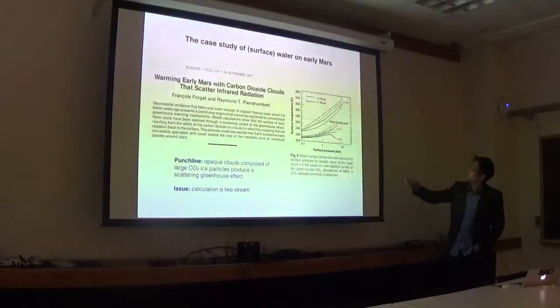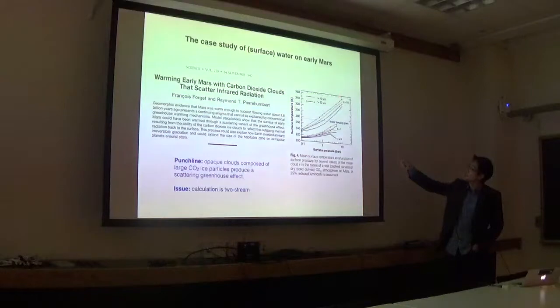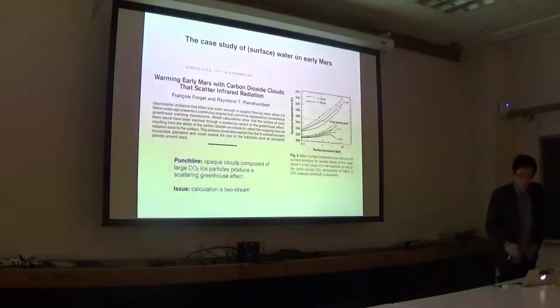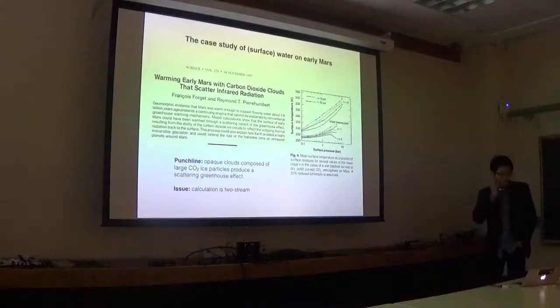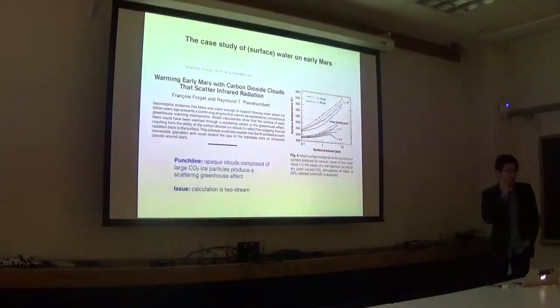So they found scenarios in which when the optical depth is about 10 and the particles are large enough, you could have early Mars having temperatures that could harbor liquid surface water. So this result stood for about 20 years.